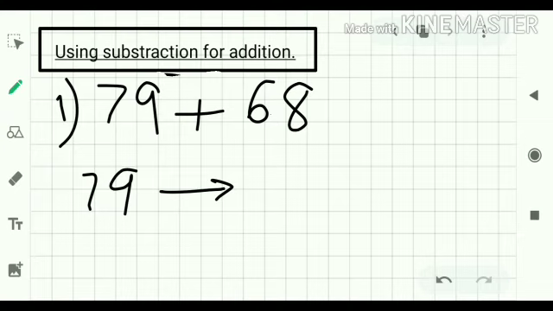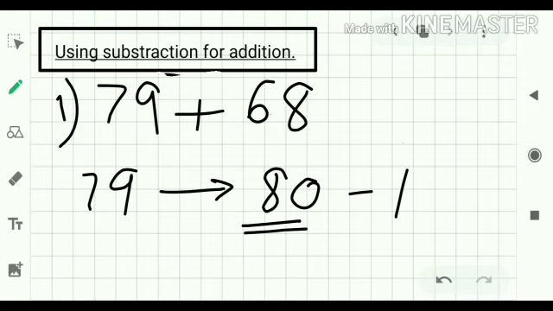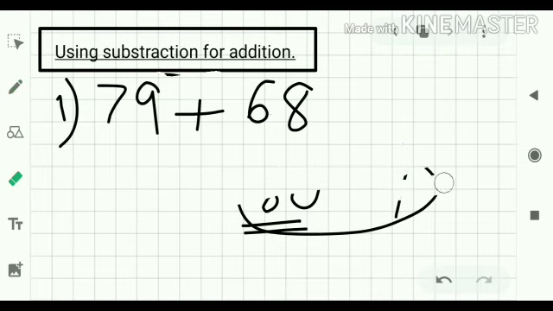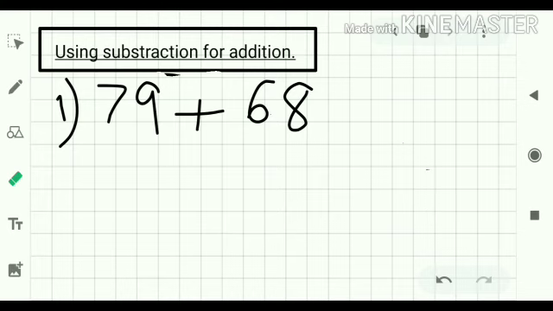Can I write this as 80 minus 1? The nearest tens multiple to 79 is 80, right? And if I convert this 79 into the nearest tens multiple, it will be 80 minus 1. What about 68?